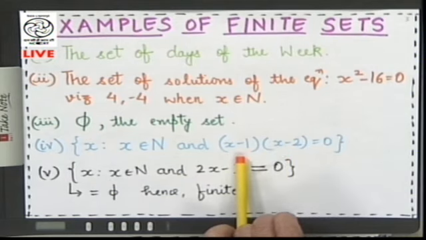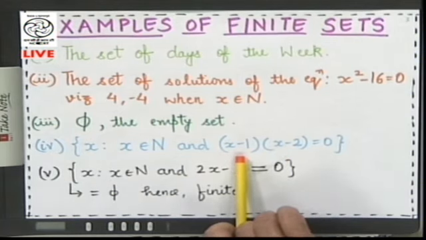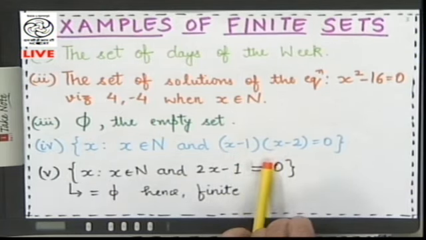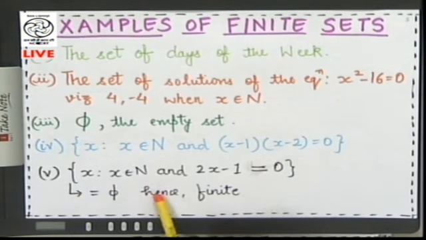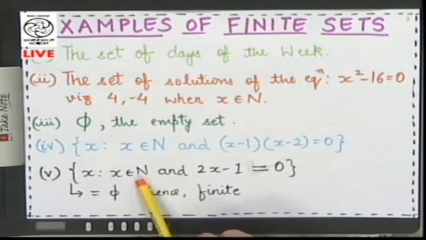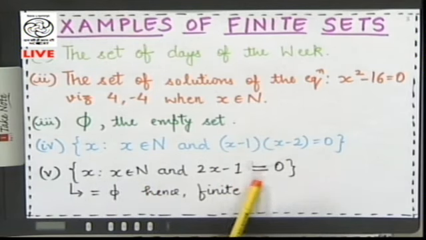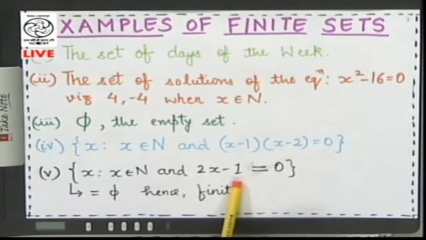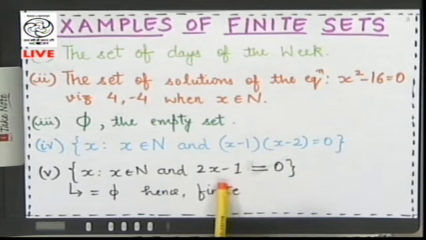If we solve this equation, we will get x is equal to 1, x is equal to 2. So this is also finite. Similarly, in the 5th case, x such that x belongs to N and 2x minus 1 is equal to 0. If I solve this, we will get x is equal to half. This is also finite. So these are the cases of finite sets.